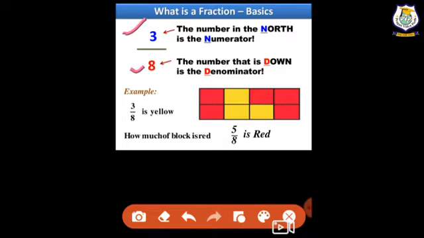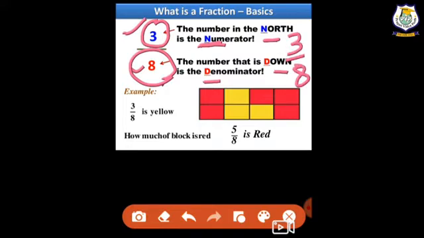The number in the north, the upper side, is the numerator. The number that is down is the denominator. Down means the below part, so here 8 is our denominator. So how will we write the fraction? 3/8. 3 is our numerator and 8 is our denominator.